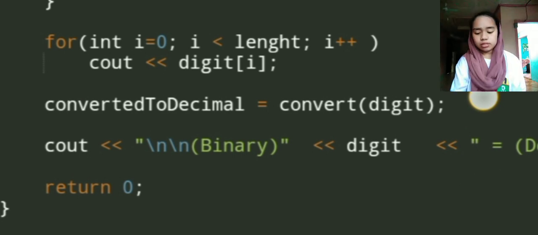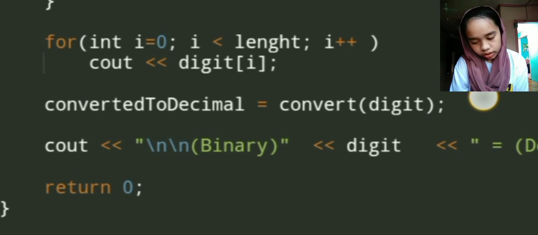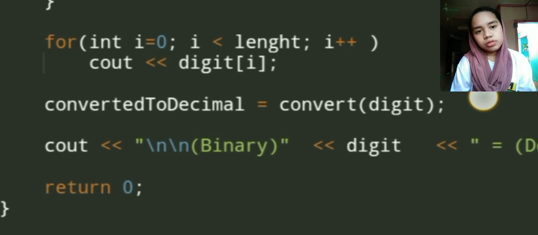Then, next line is, isi-cout na naman niya yung new line, and then binary, and then cout digit, which is yung in-input ni user, lahat ng in-input ni user, mag-print dito. Kung 11100 or anything. Then, next line is decimal. Then, yung converted to decimal, which is yung value ng decimal. So, yun lang.